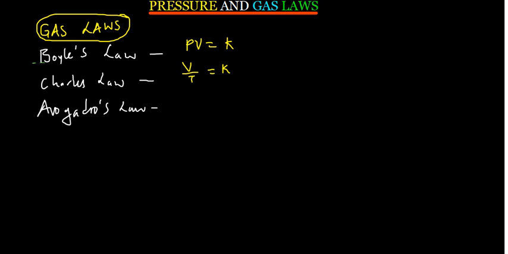It tells us that equal volumes of gases at the same temperature and pressure contain the same number of moles. So meaning that if I've got the same volume of gases, these are going to have the same moles. If this one has 2 moles, this one is also going to have 2 moles because they are equal volumes.